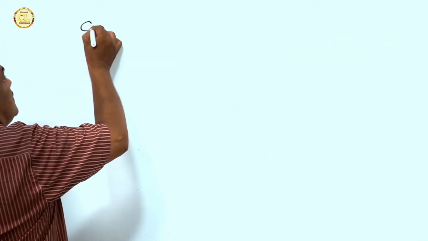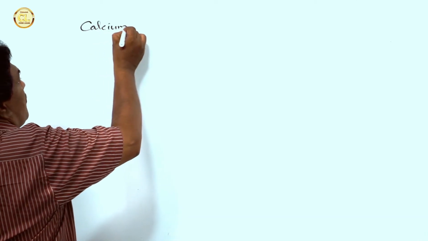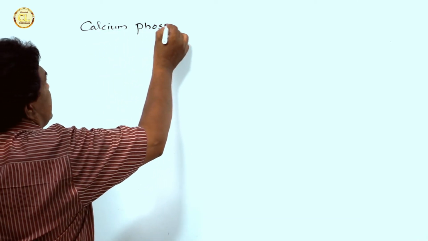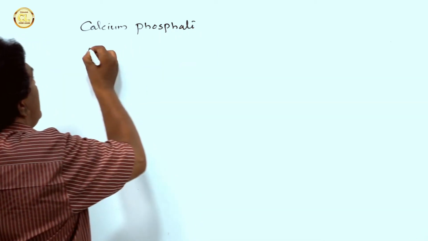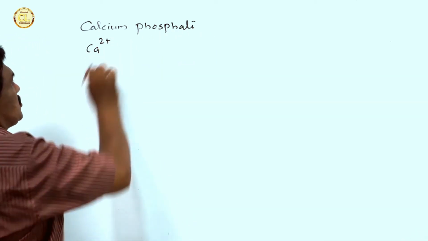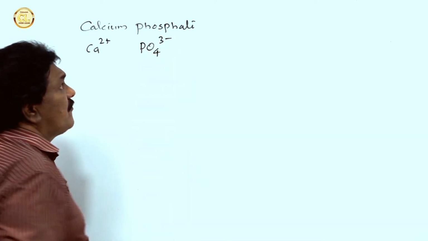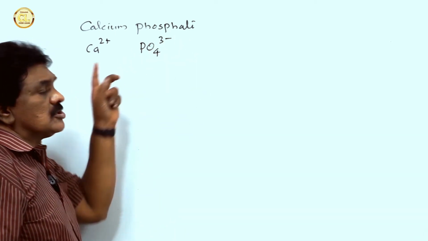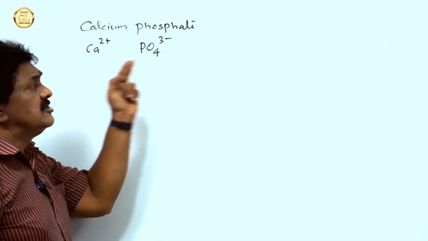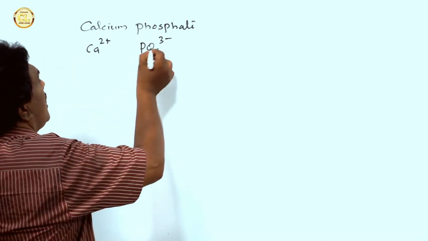Calcium phosphate. See, calcium, you know that valency is 2. Phosphate, PO4 3-. This is phosphate. It is also called orthophosphate. You can add this ion to the list. Okay.